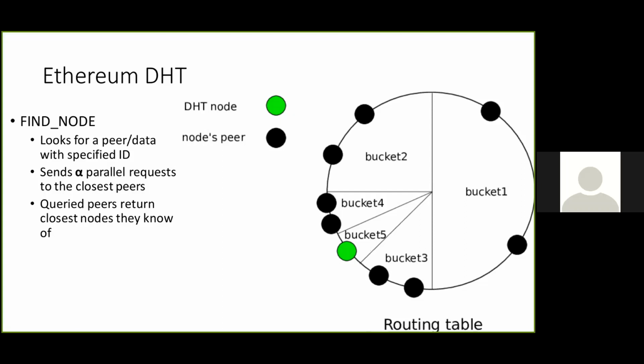And then hopefully the queried node will give me some information or some closer nodes, and either I'll already find my node, or I can repeat the process, just iteratively asking peers for nodes closer to the target ID. In Ethereum DHT, they use several alpha parallel requests just to speed up the process. But yeah, the main idea stays the same.